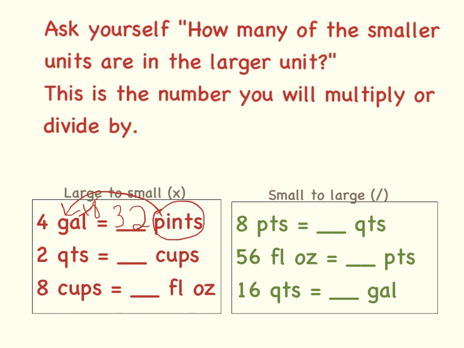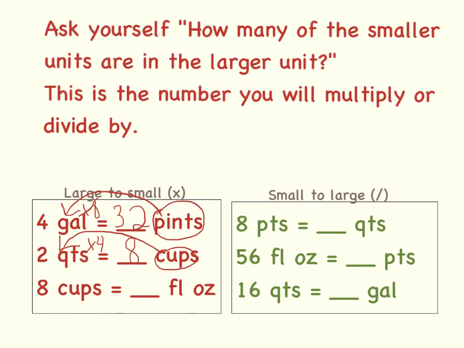Going to the next one, how many cups are in 1 quart? So if I refer over to my Big G or to my gallon guy, in 1 quart there are 4 cups, so that's what I'm going to multiply by. So 2 times 4 would be 8. There would be 8 cups in 2 quarts.